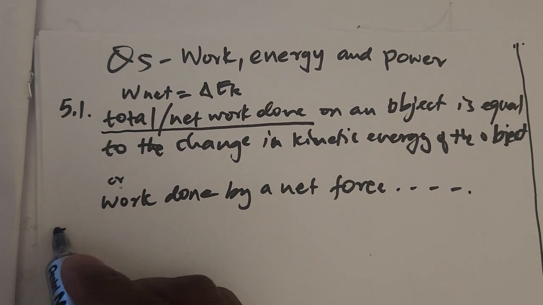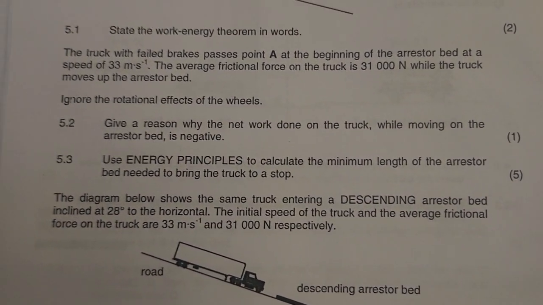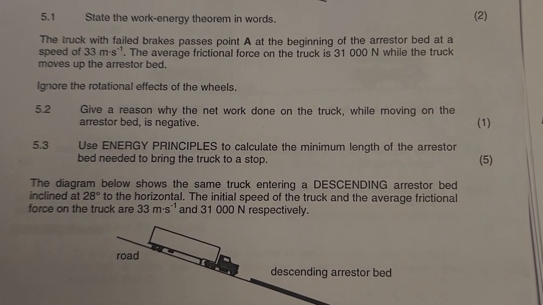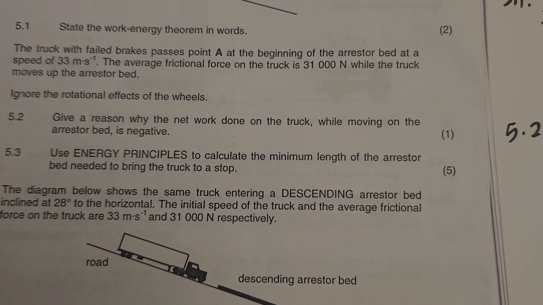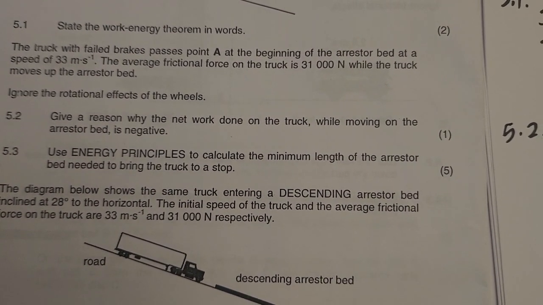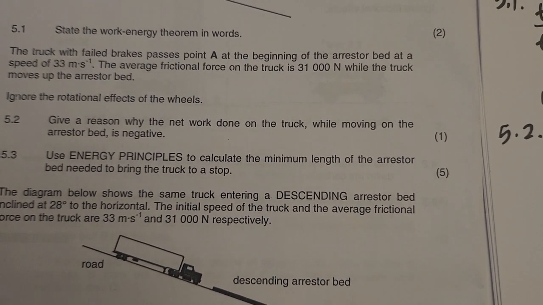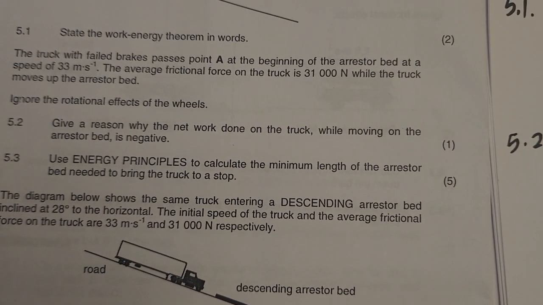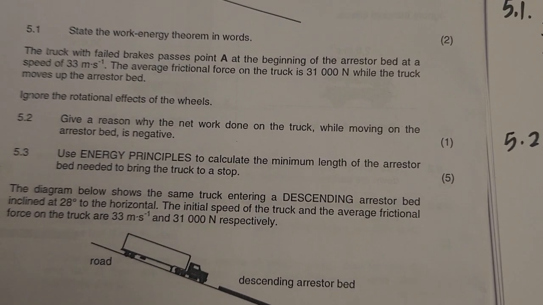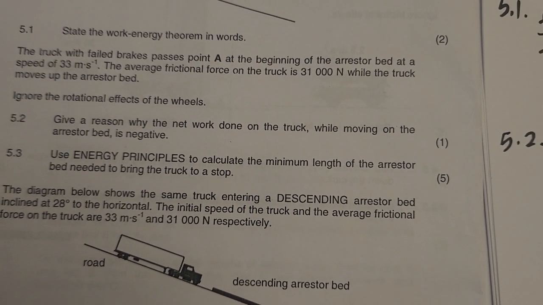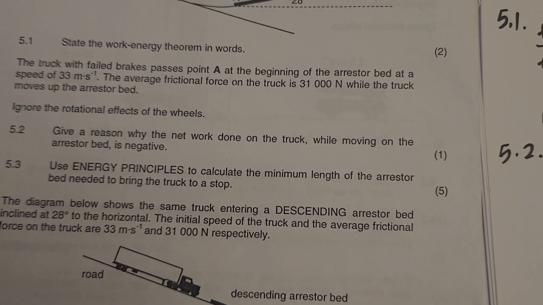That's 5.1. 5.2 in the question here, they're saying to us, preceded by a statement: the truck with failed brakes passes a point A at the beginning of the arrestor bed at a speed of 33 meters per second. The average frictional force on the truck is 31,000 N while the truck moves up the arrestor bed.